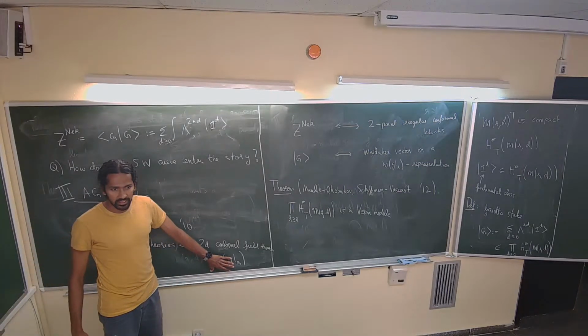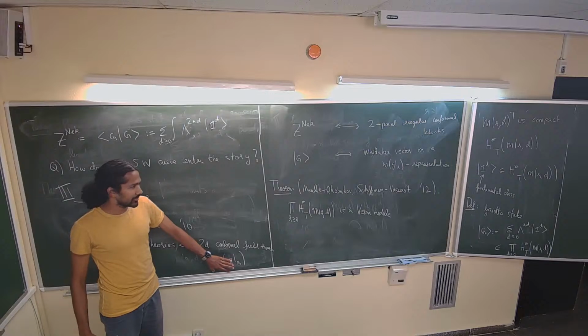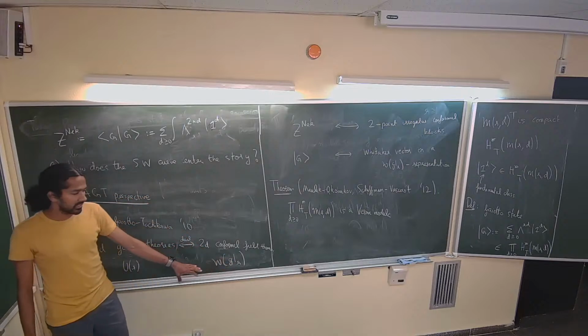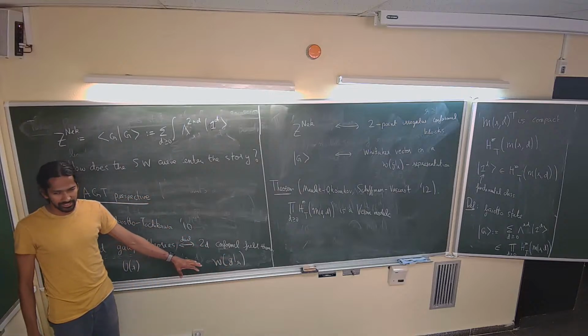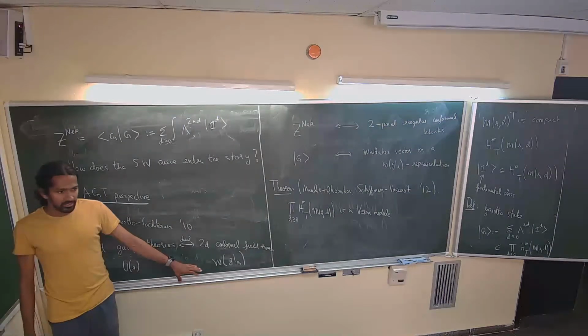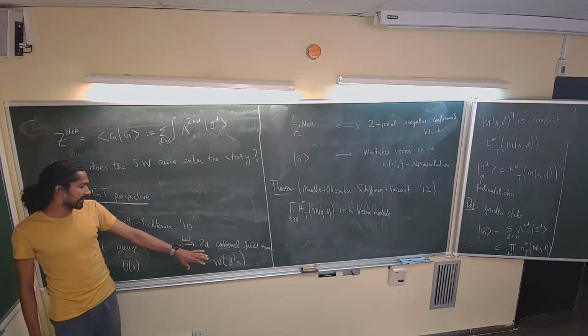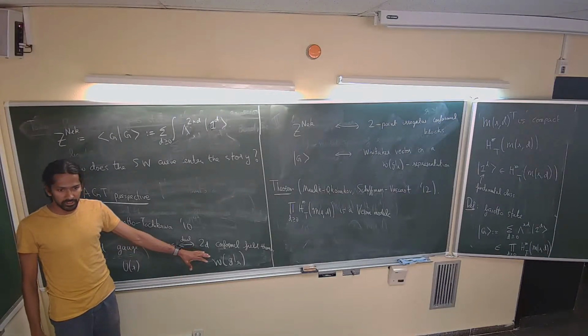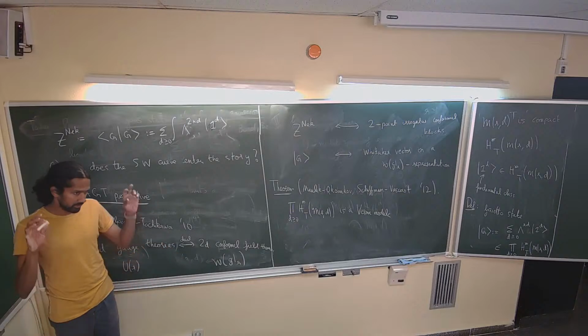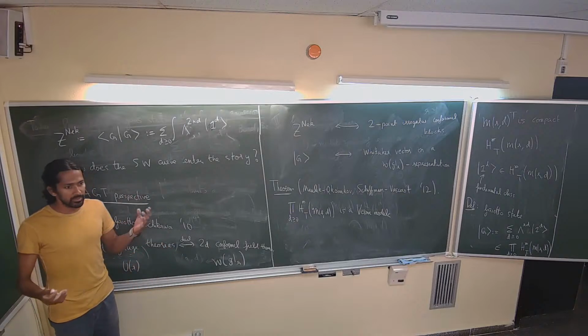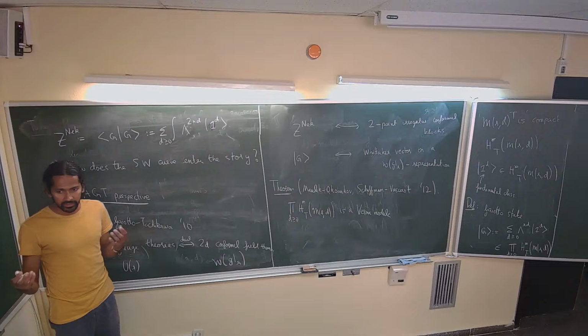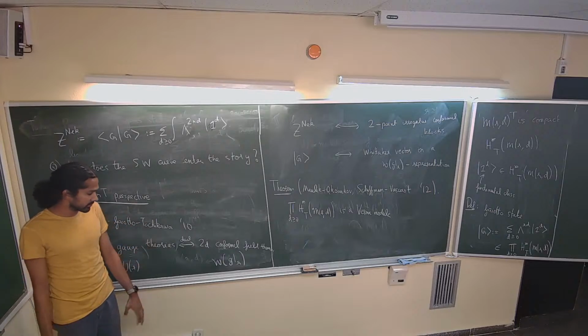These vertex algebras, if you don't know what they are, you can think of them as some kind of infinite dimensional Lie algebras. But that's not technically true, because if you try to write down the commutation relations between the generators of your Lie algebra, quote unquote, you will get some things that are nonlinear. So it doesn't really look like a Lie algebra.